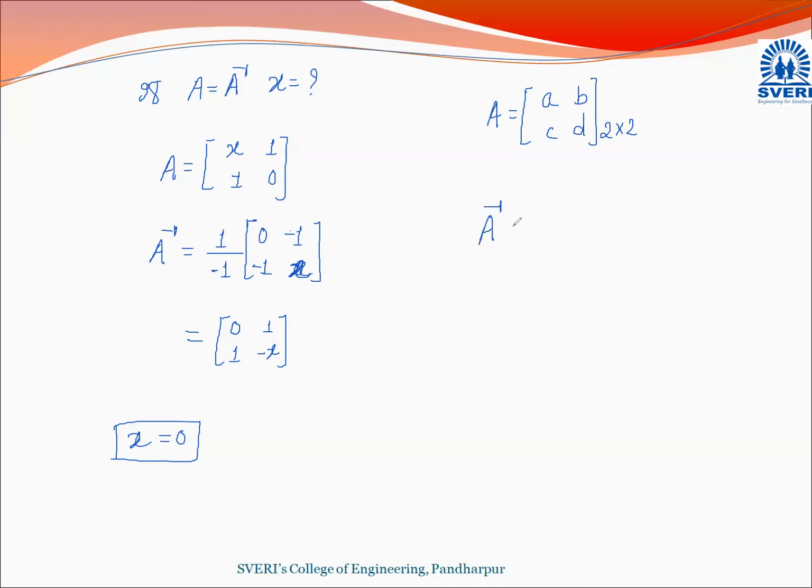So A inverse is equal to 1 upon determinant of matrix A, that is ad minus bc, into adjoint of A, d, minus b, minus c, a. Just we are shifting the elements. So it will be the A inverse. A inverse is equal to 1 upon determinant of A into adjoint of A.